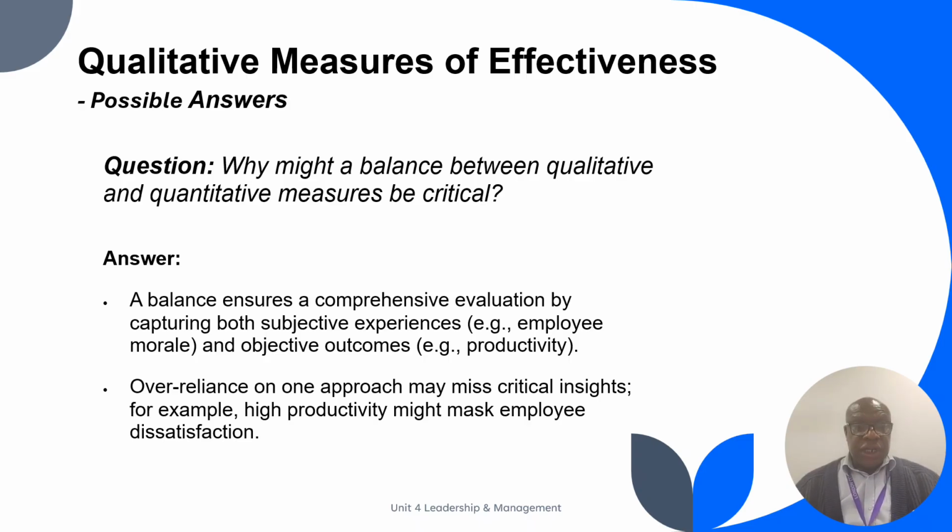If you look at this second bullet point, it says over reliance on one approach may miss employee dissatisfaction. So the company might be making a lot of profit, but the employees are not happy. They are dissatisfied with the process.